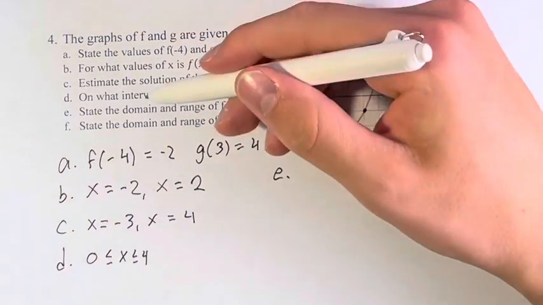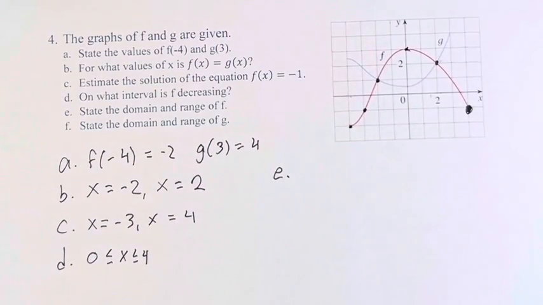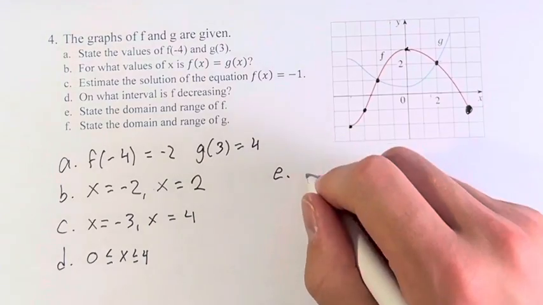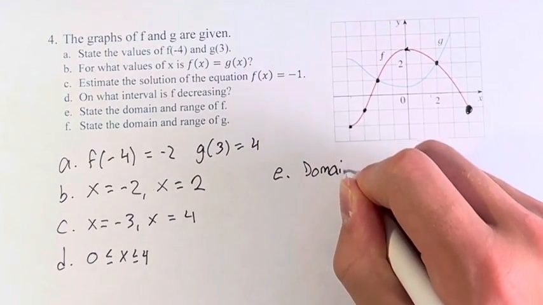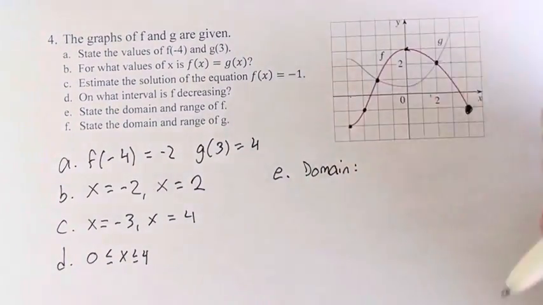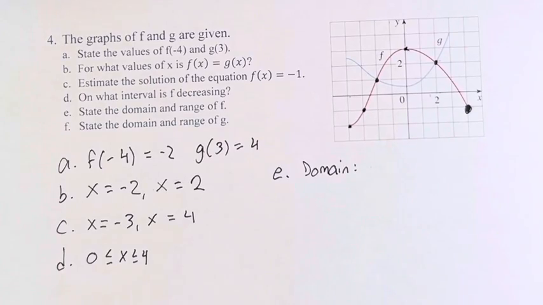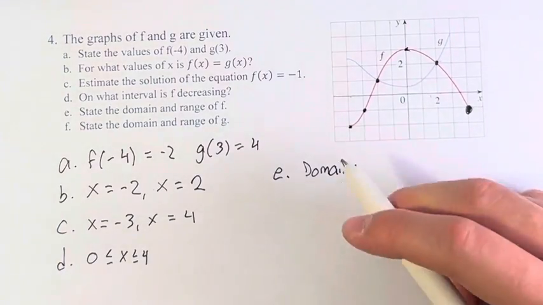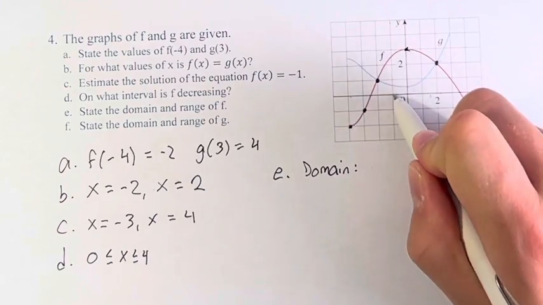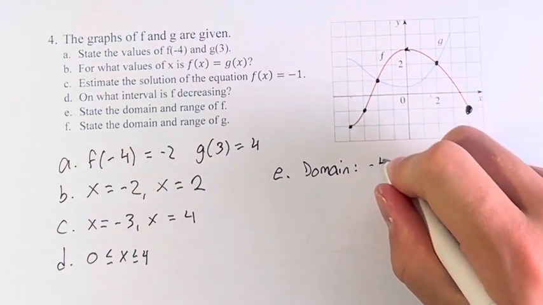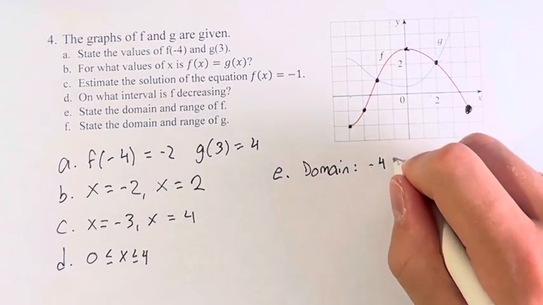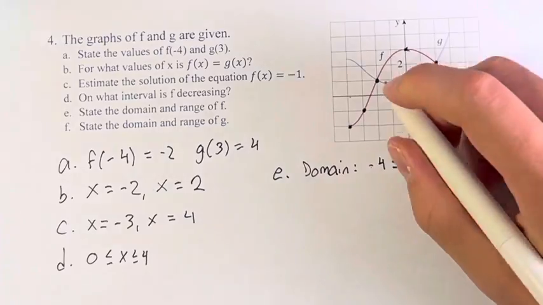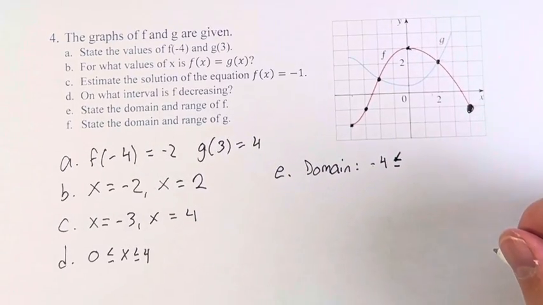Next, we're asked to state the domain and range of f and g. So let's start with f. The domain is the range of x values that the function can take on. So let's just start at the furthest left point. We start here at x is equal to negative 4, and it's less than or equal to, again, because there's no open circle on the end.